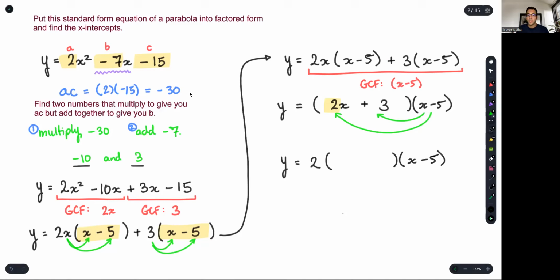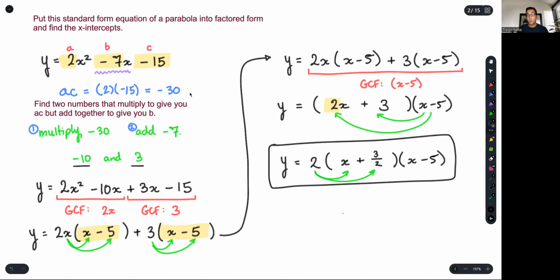And we're going to think, okay, 2 times what would have given us 2x plus 3? Well, to get 2x, we would do 2 times x. Then 2 times something is going to give us 3. 2 times 3 halves gives us 3. Now this here, this is what I would consider 100% fully factored. So this is our complete answer, totally fully factored.